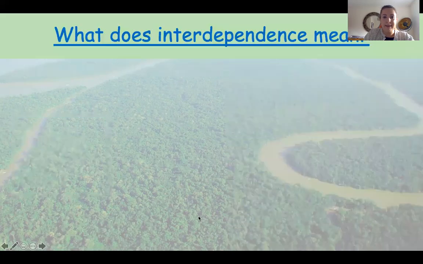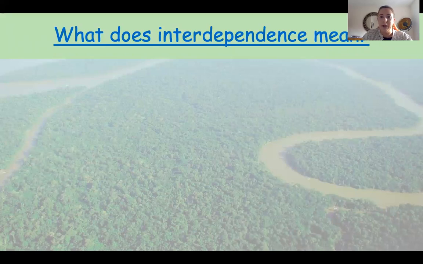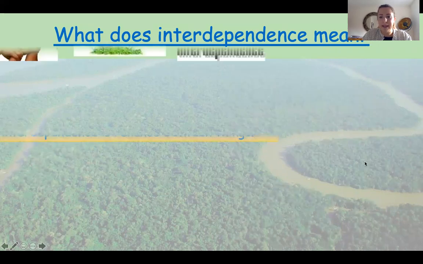Our next bit is looking at what we mean by interdependence. We've got lots of plants, lots of animals, the soil and the climate, and all those different things work together to create this really unique biome that we only find on the equator. So we need the subtitle, what does interdependence mean?